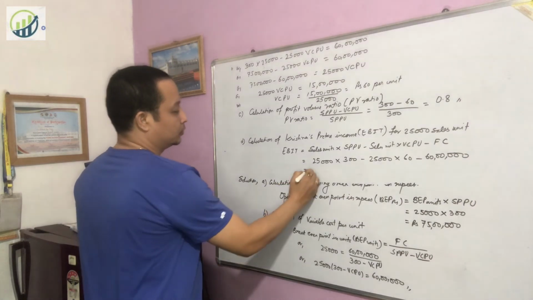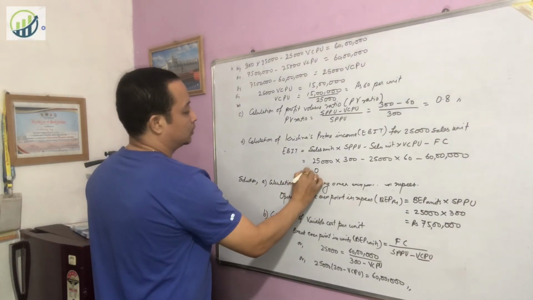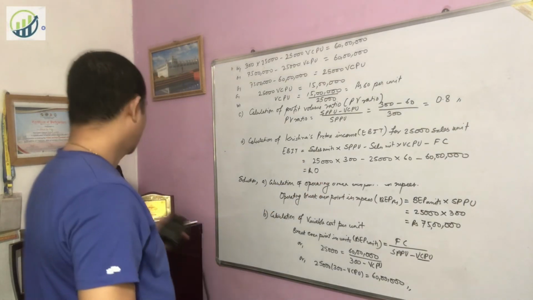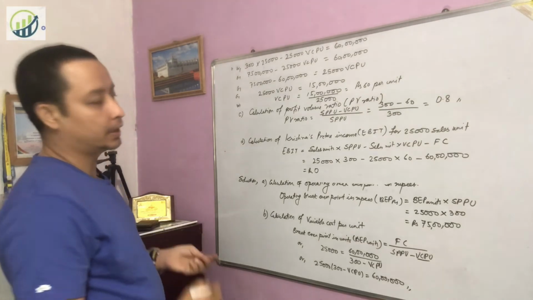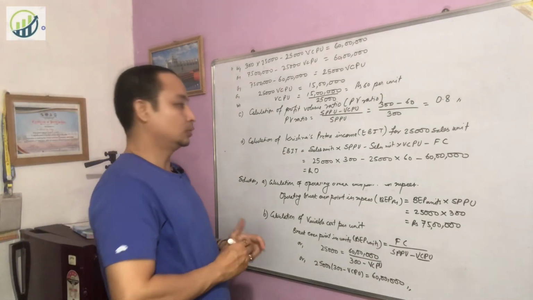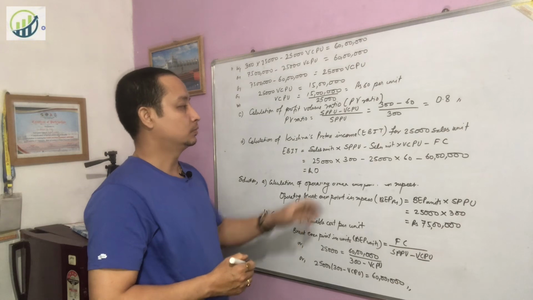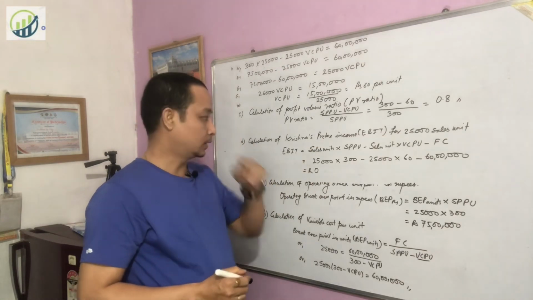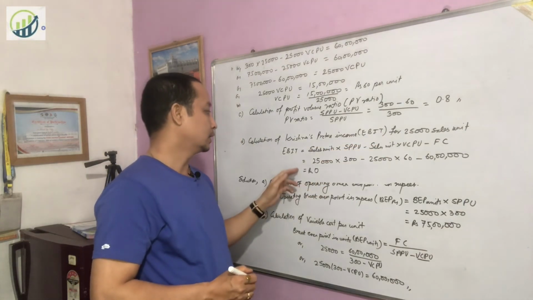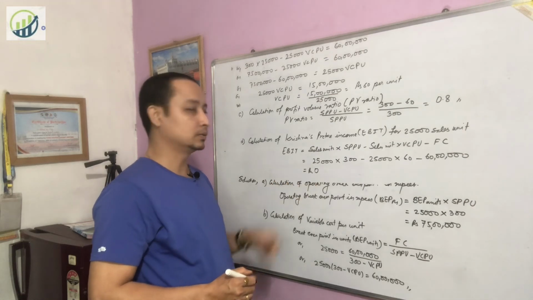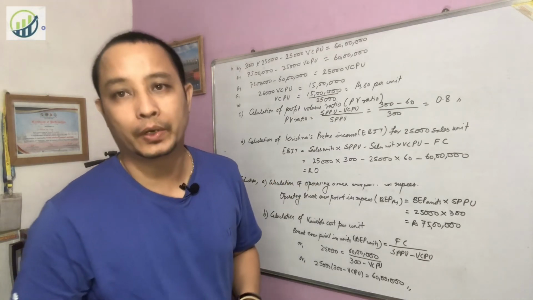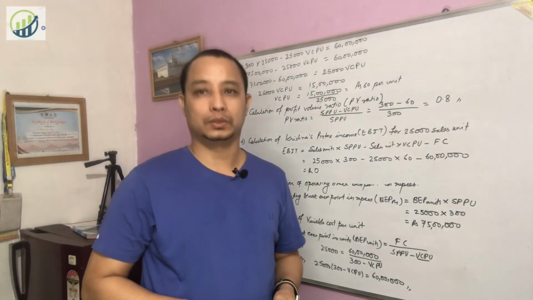It will be 0 rupees, meaning Krishna's pre-tax income at break-even point is 0. Just substitute the values and you get earnings before interest and tax 0, because at break-even point there is no profit and no loss.